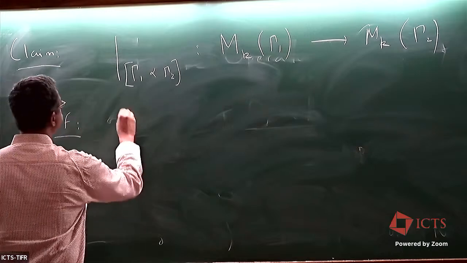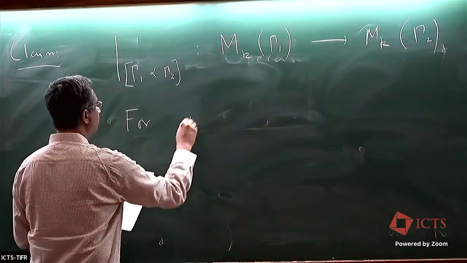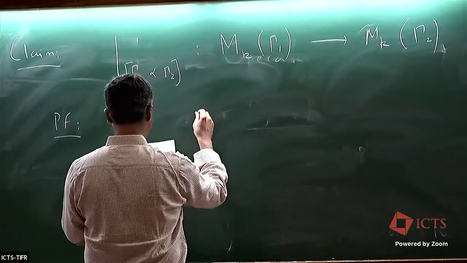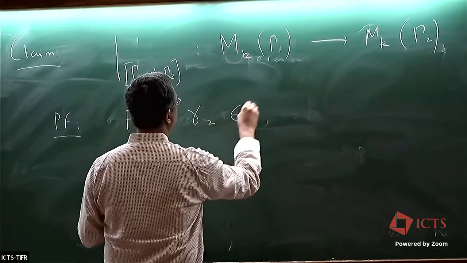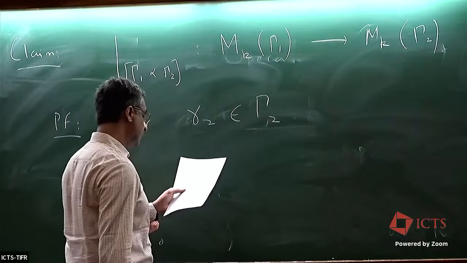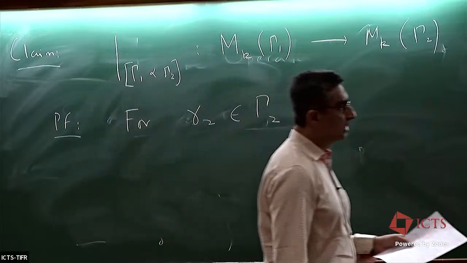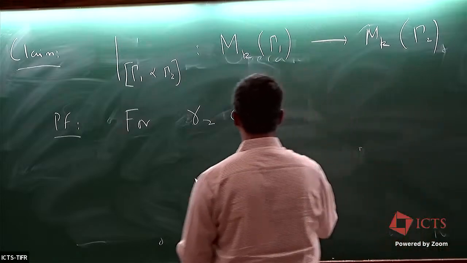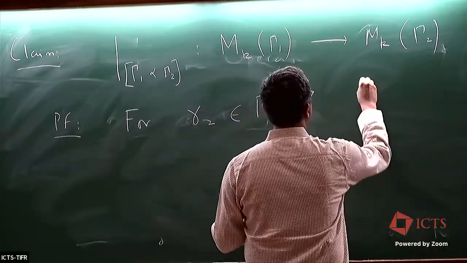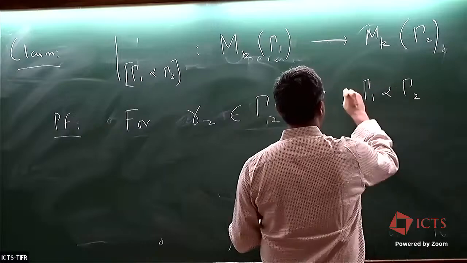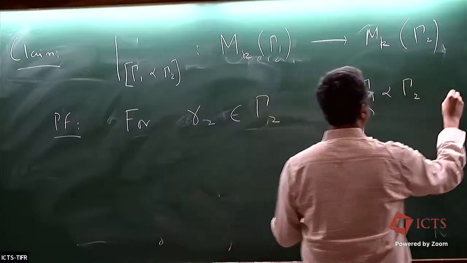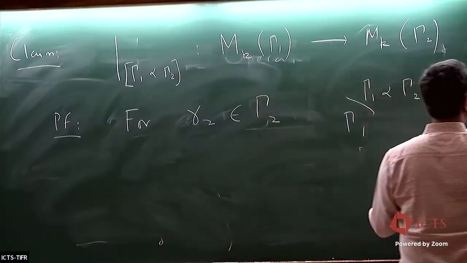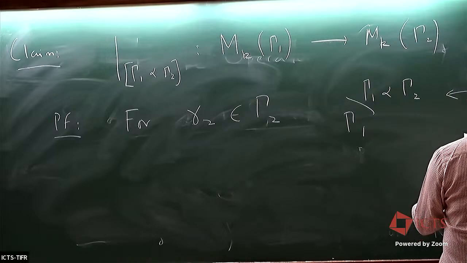The proof. It boils down to the following observation: multiplication on the right by an element of Gamma 2 induces a bijection on the coset space. These two sets are in bijection.